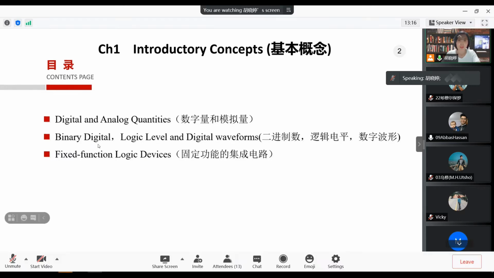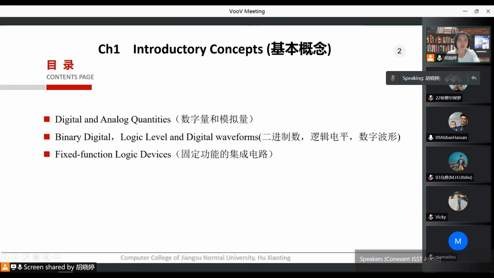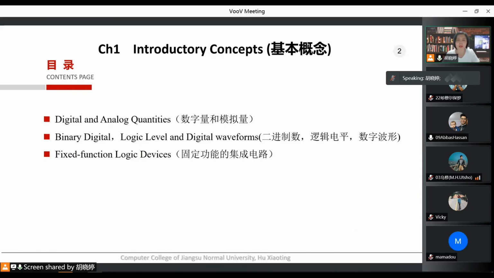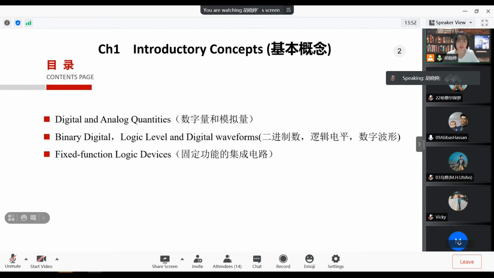If you want to know binary digit rules, you can compare with the decimal number to understand how binary digits work. So in the binary system, we just have two binary digits, 0 and 1.